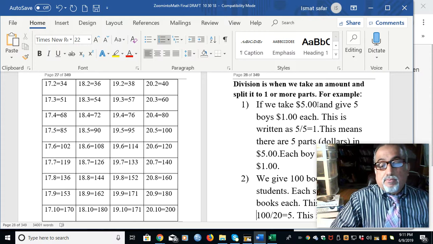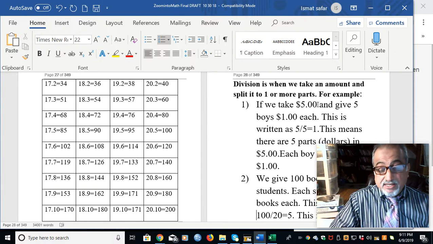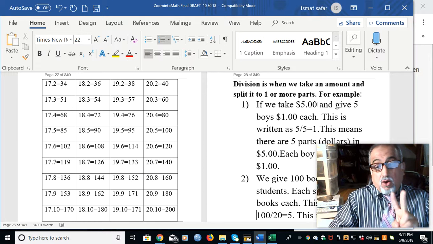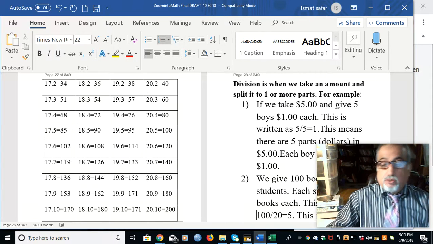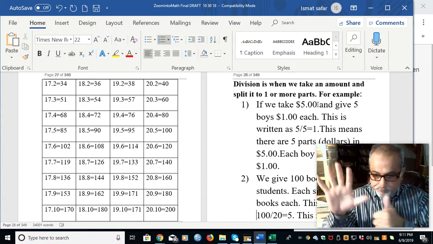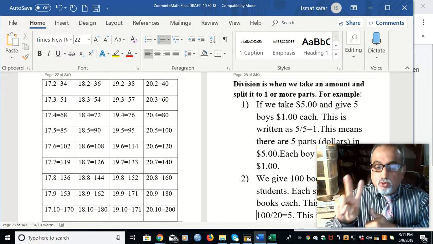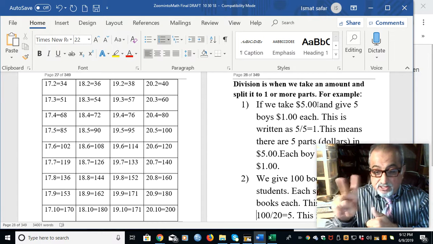How about if we have 6 oranges, and we have only 2 people to give these 6 oranges to? So we have 6 oranges, and we have 2 people. How many oranges will each person take?